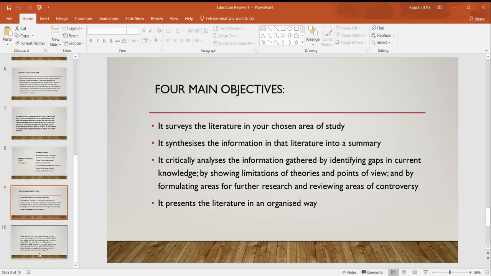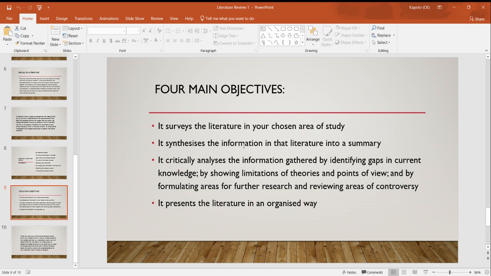Taking you to the ninth slide. This is the four main objectives of literature review. The main objective is that it surveys the literature in your chosen area of study. It also synthesizes the information in that literature into a summary.